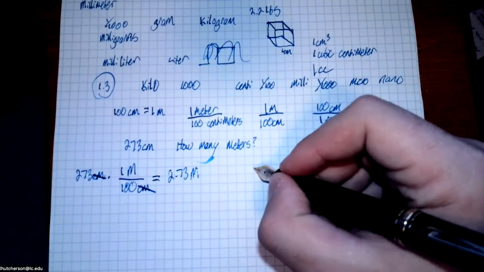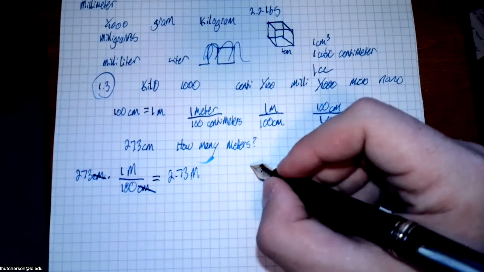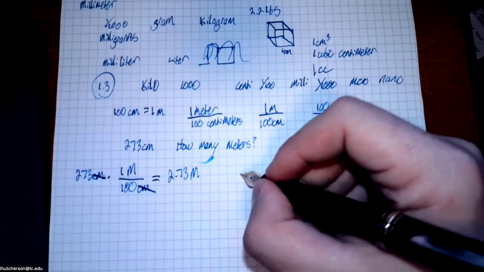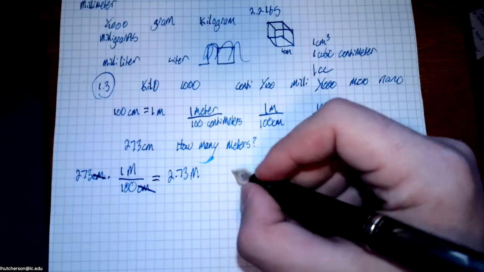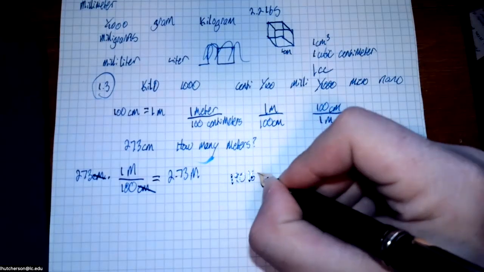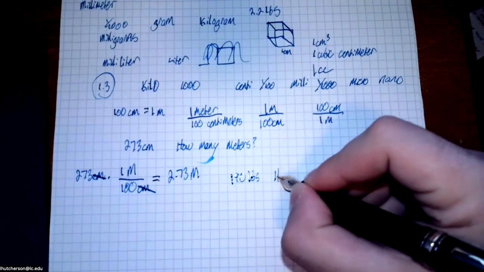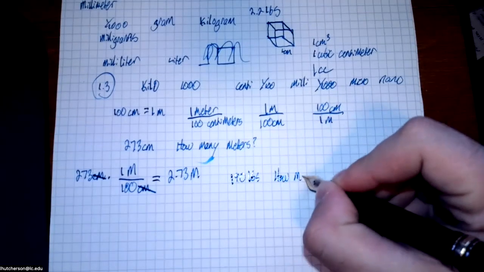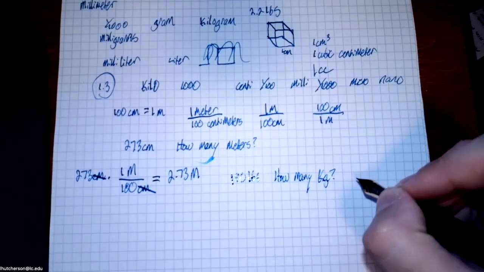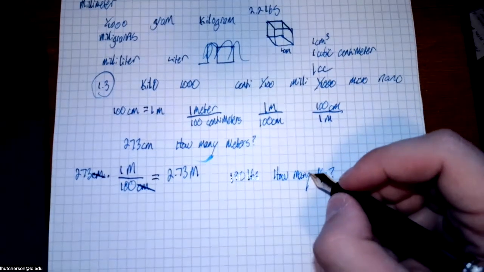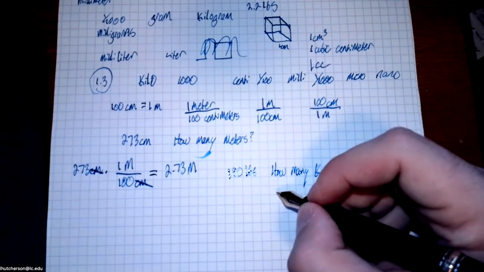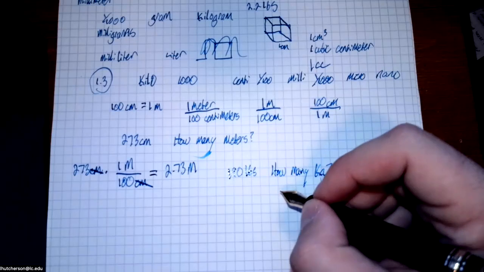Okay. I can do this same thing if, let's say, I know that something is 190 pounds. I want to know how many kilograms. I said this earlier, this is not something that you will be responsible for knowing.